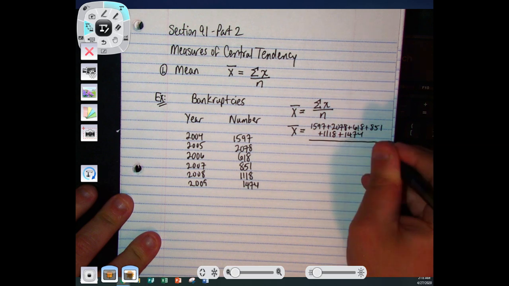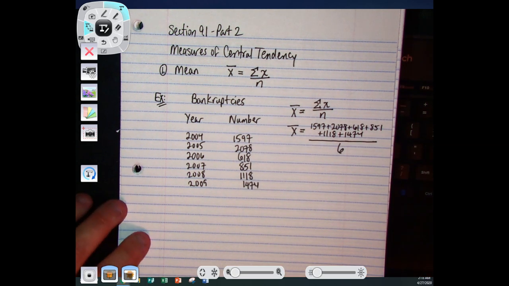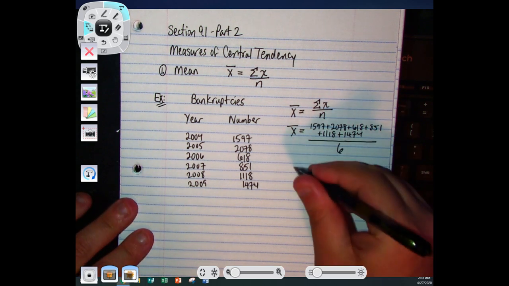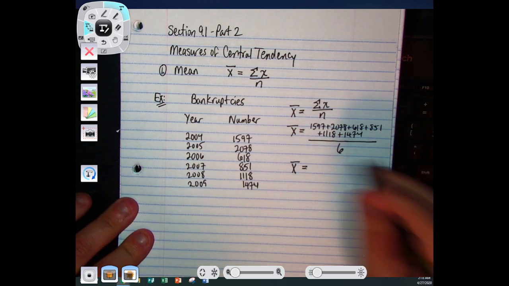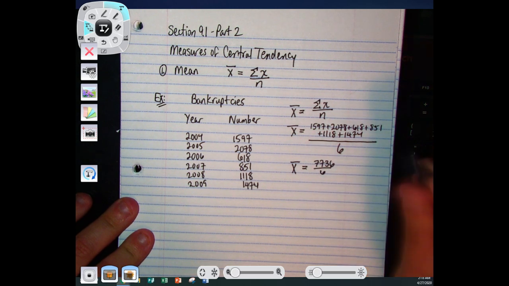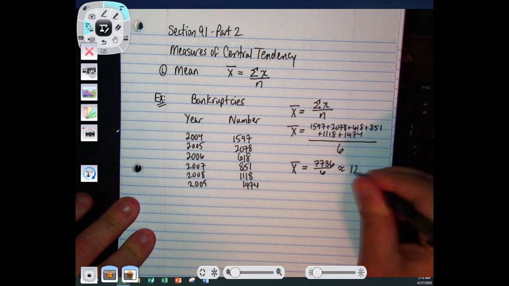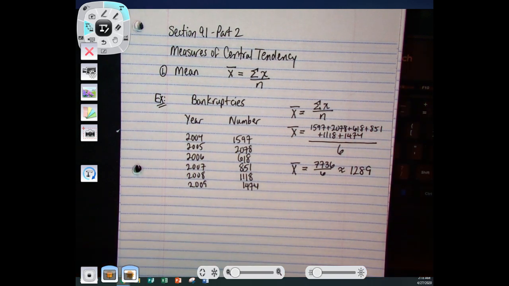And that's all divided by 1, 2, 3, 4, 5, 6. So all divided by 6. When I find the sum, we end up with 7,736 divided by 6, which gives us an approximation, and I'm going to round this to the nearest whole number of 1,289. So therefore, on average per year, there are 1,289 bankruptcies.